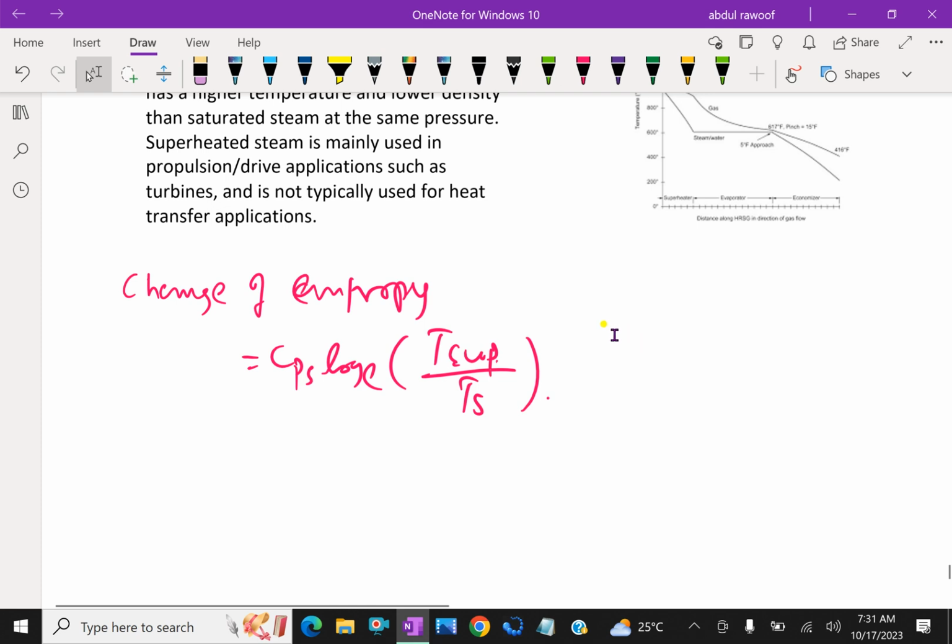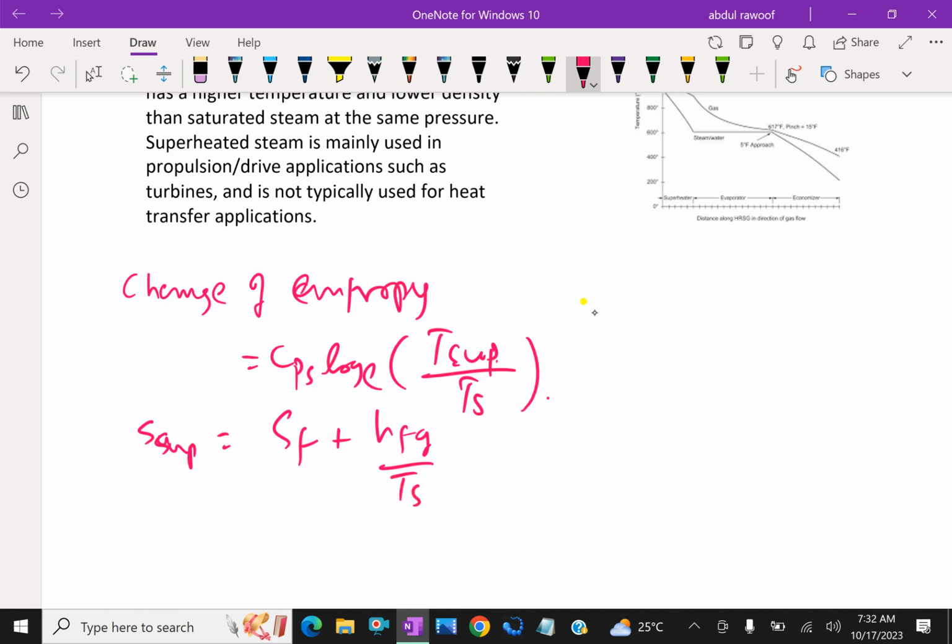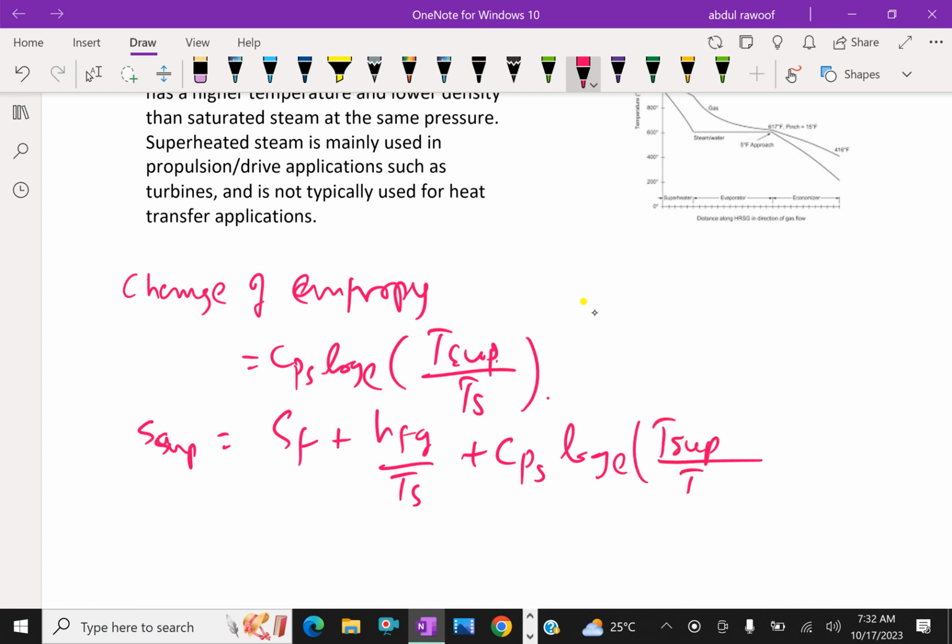Now, total entropy S super, entropy of superheated steam, is equal to Sf plus hfg over Ts plus Cps log e T super over Ts, which is further equal to Sg.